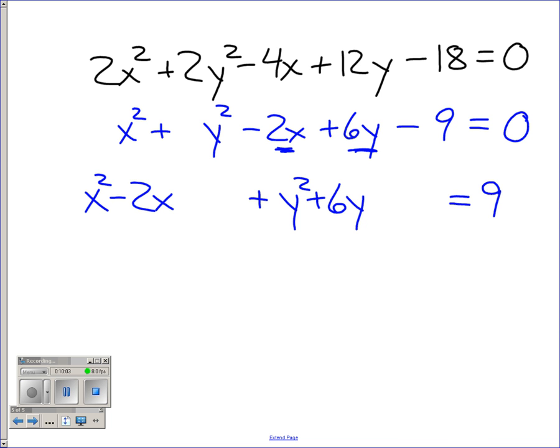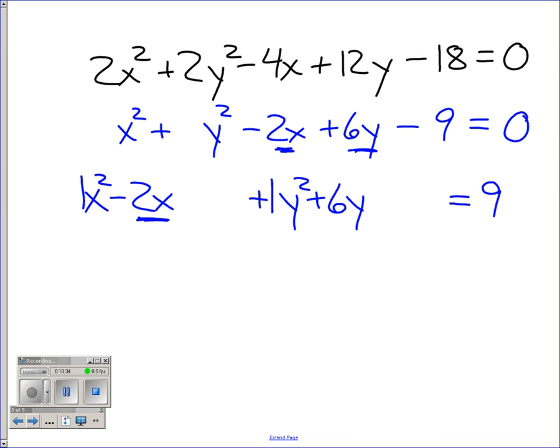What we've got to do is go back to that method of completing the square, okay? And we're completing the square now with coefficients of 1 here and here, which is a whole lot easier, right? That's the reason why we've got a coefficient of 1. So, method of completing the square, we've got to take half of this x term right here, half of the negative 2, which is what? Negative 1. And then square it, okay?